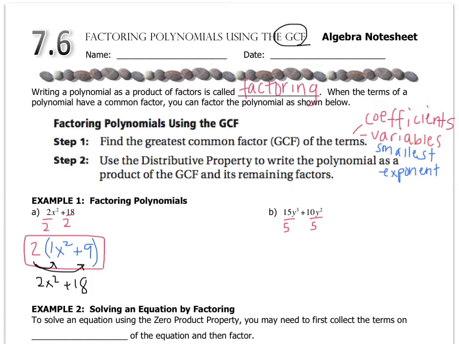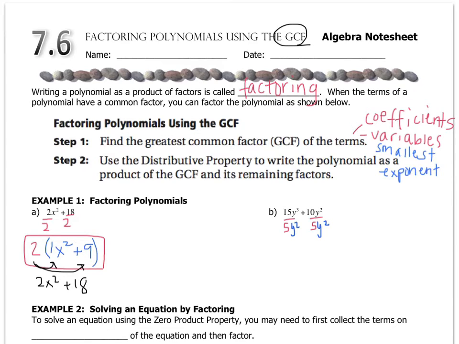So I've written that down for you right here so that when we do our GCF, we always remember that when we do variables, we look for the smallest exponent. So this has an exponent of 3, and this has an exponent of 2. So that means that the smaller one is going to be my GCF. So y squared is also part of my factor.